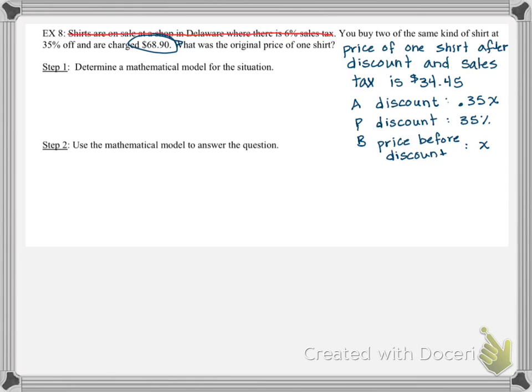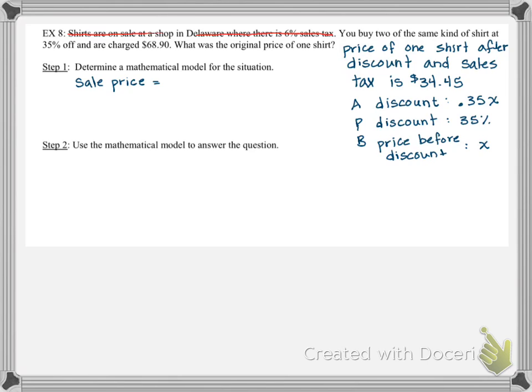So I want you to just think about going shopping. Forget about the math, forget about if we're dividing or adding or multiplying. If you went shopping and something cost $100 and it was 15% off, how would you find the sale price? Okay.